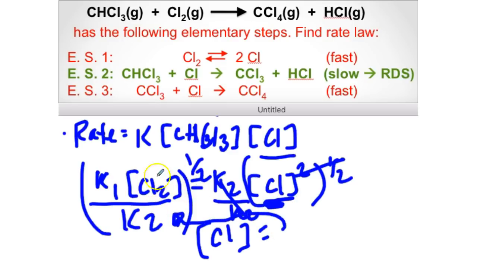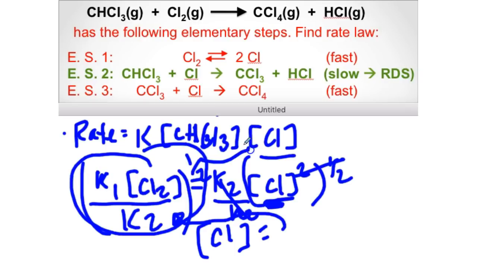So what you could do now is, because this is Cl, I could now plug all of this in here because I want to get rid of Cl because it's not part of this overall reaction. So when I do that, I'm gonna need more space here.